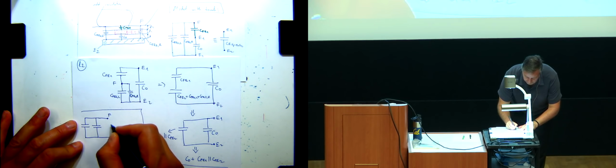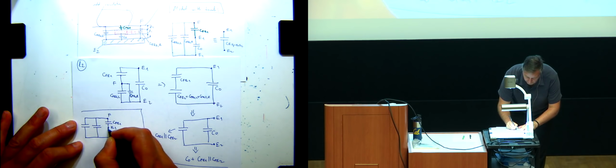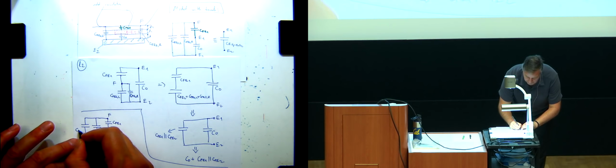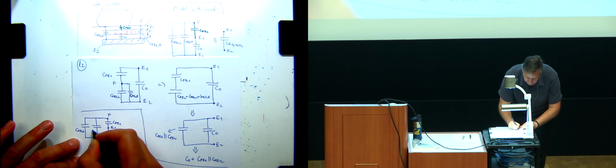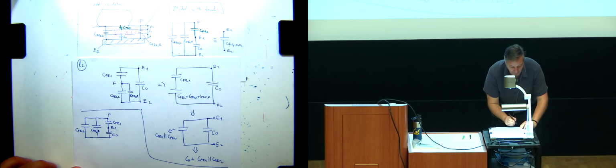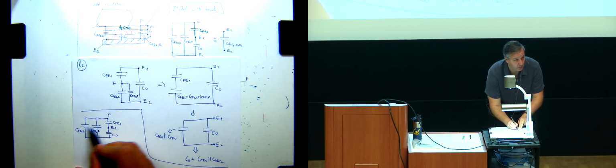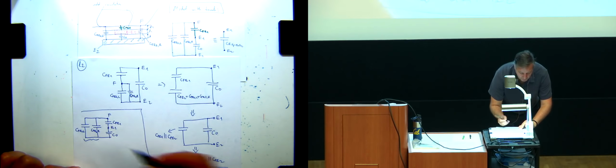So this is F. There is CF E1, E1, C0. And these are CF E2 left, CF E2 right. So I'll first see that these two are in parallel. So I'll combine those two. Right?